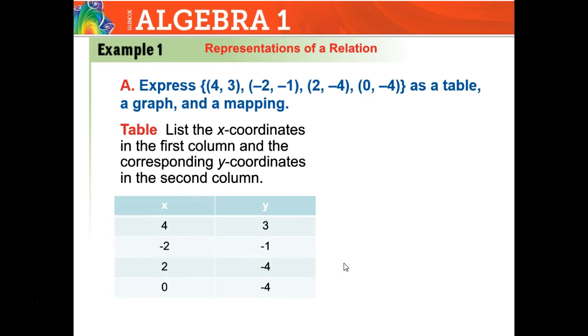Okay, the x's in the first column are 4, -2, 2, and 0. The y's are 3, -1, -4, -4. You are allowed to repeat values of y.